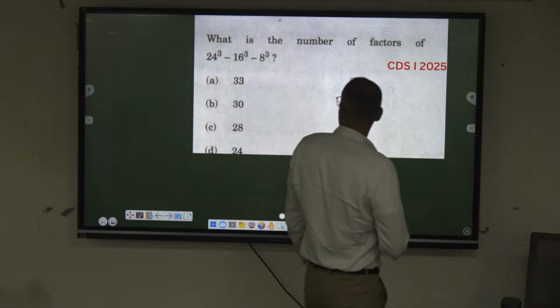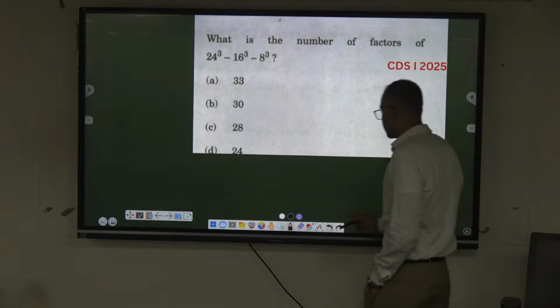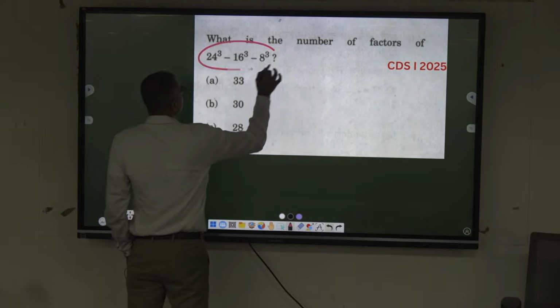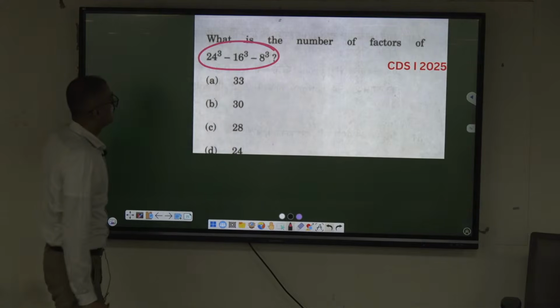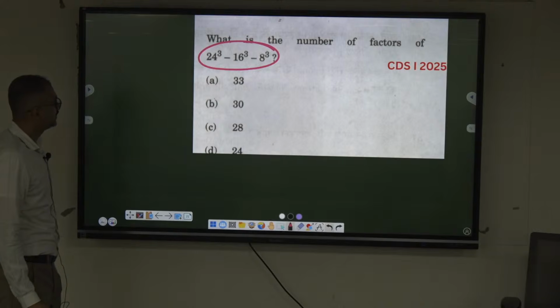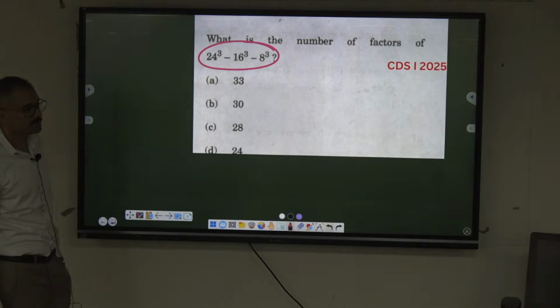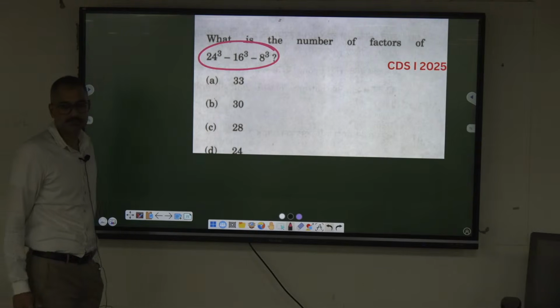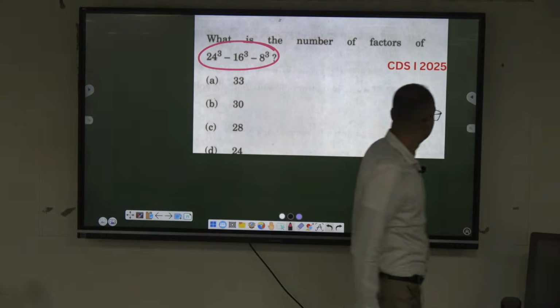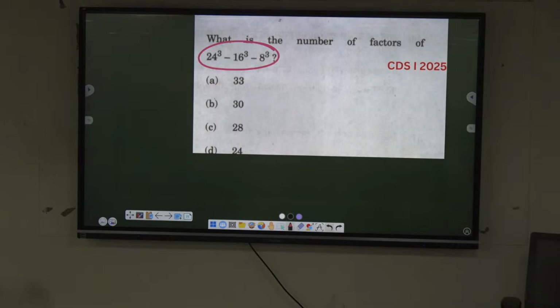What is the number of factors of, oh, number of factors? Give me the value of this expression here: 24 cube minus 16 cube minus 8 cube. You have to do this one.